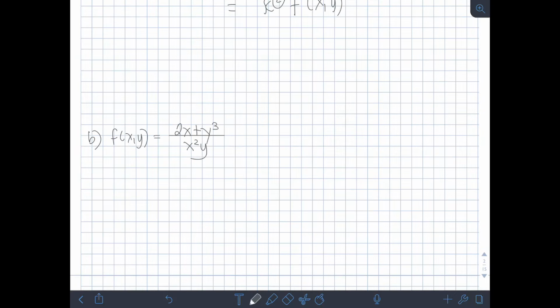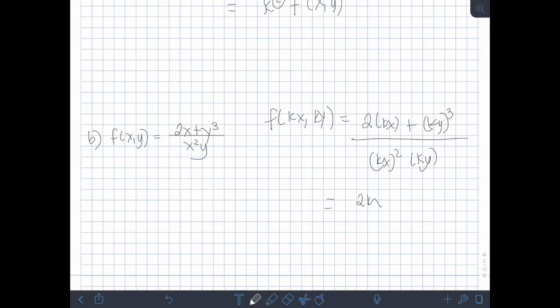Okay? Another one, we have f of x, y equals 2x plus y cubed over x squared times y. Okay, so, substitute uli natin yung f of kx, ky doon sa function. So, magiging 2 times itong x magiging kx plus itong y cube magiging ky quantity cube over x squared magiging kx squared tapos y, ky. Then, simplify.